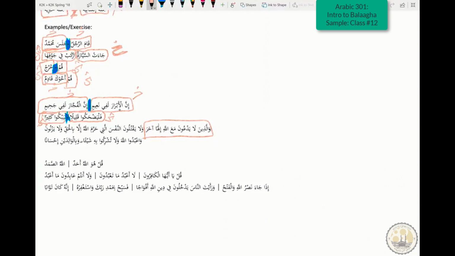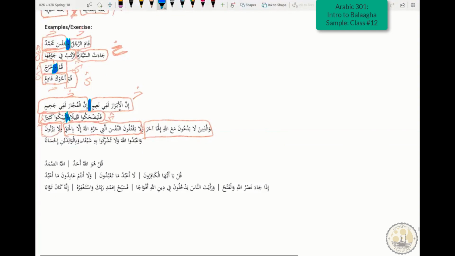And do not kill another soul which Allah subhanahu wa ta'ala has made prohibited except with due right. And do not commit zina. So there are 3 sentences here. Good. So let's try to identify whether each sentence is khabariya or insha'iyya.